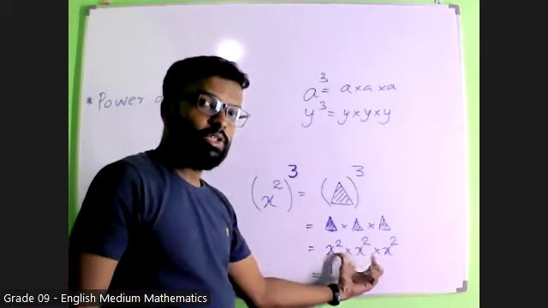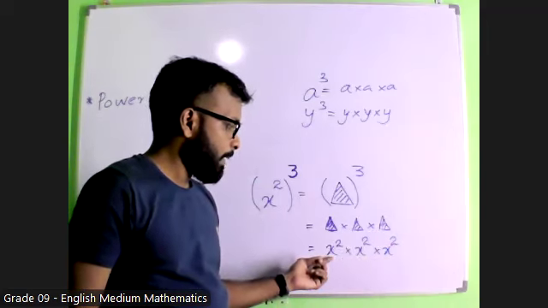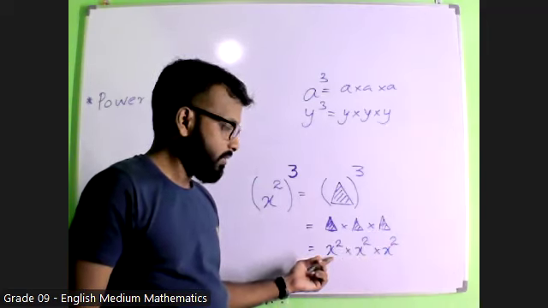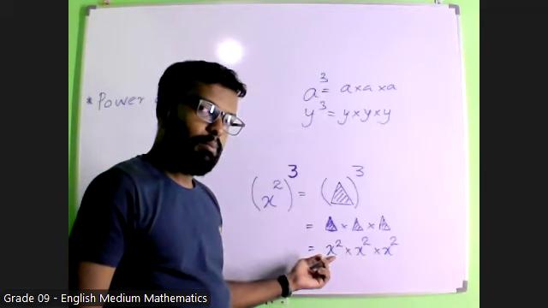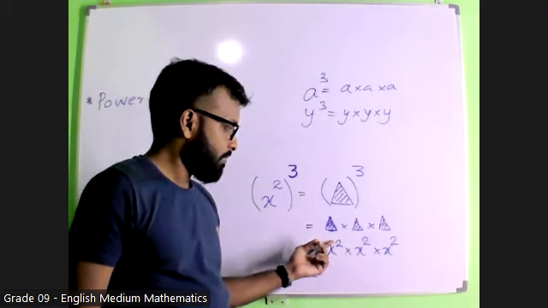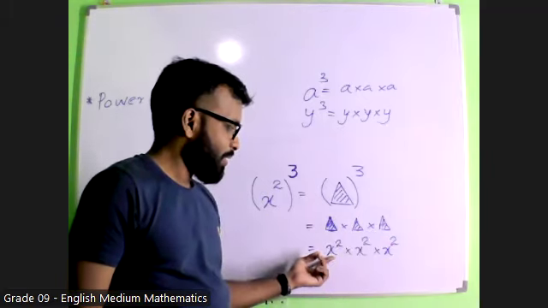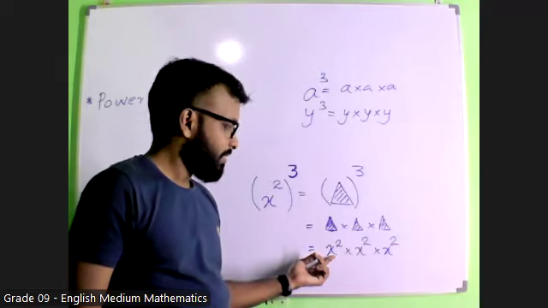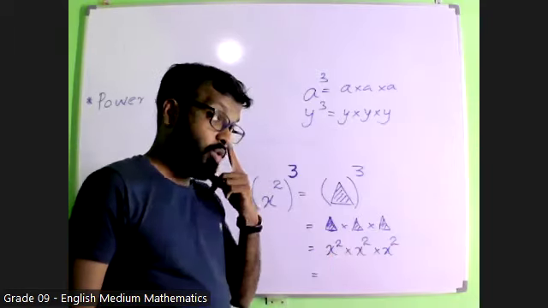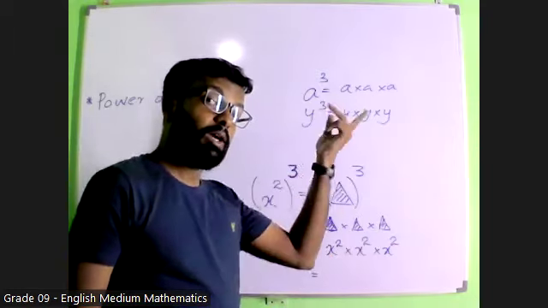How do you get the answer for this? By multiplying those. The base is x, and the base is the same, right? So you add the indices: 2 plus 2 plus 2.